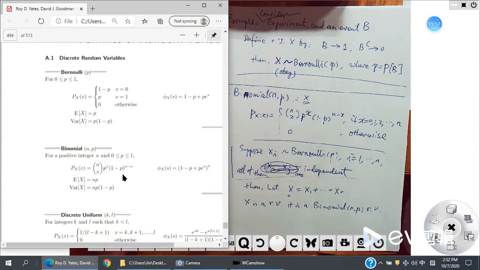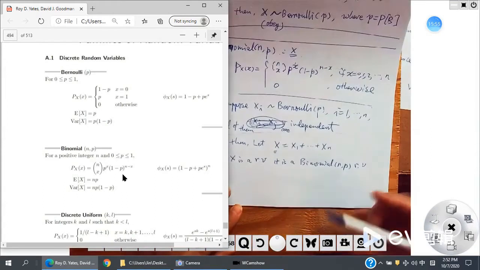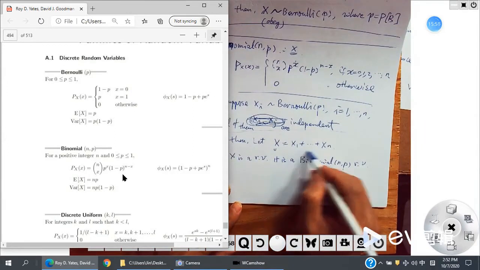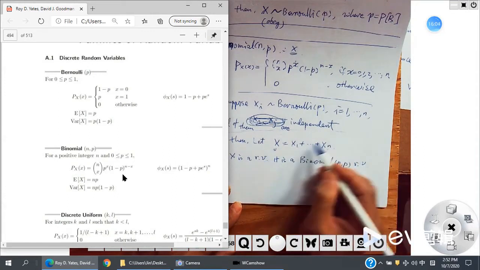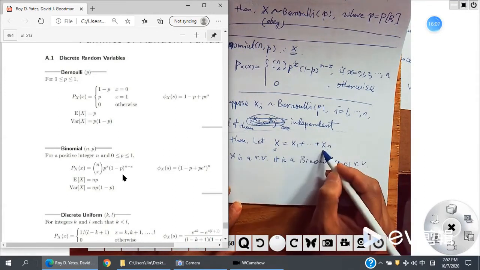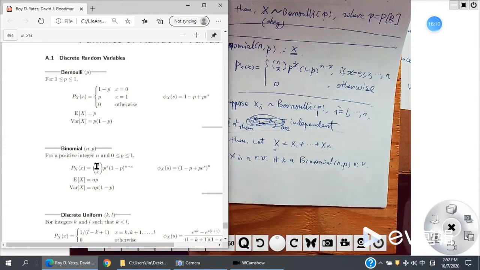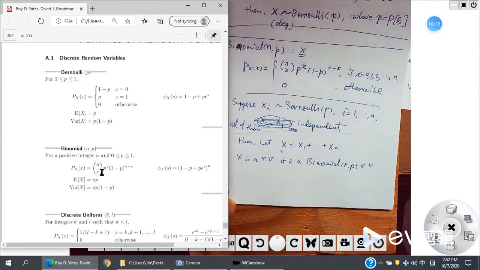Make sense? So now you can know what the probability is. In these n experiments, lowercase x of them happened, right? Like here, you choose x from n, you have this part. You see the textbook. You choose x from n, and x of them mean B happened, and the other n minus x, B didn't happen. You can also just think in terms of random variables, using this notation.